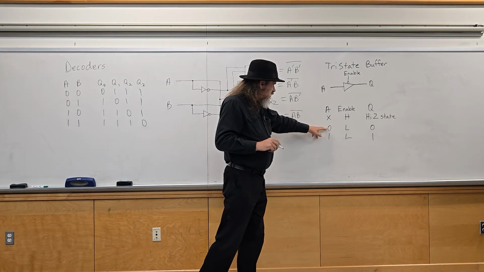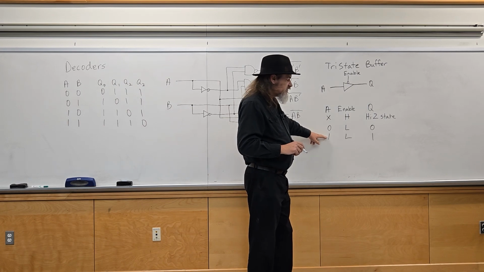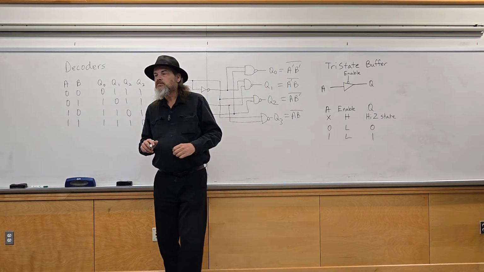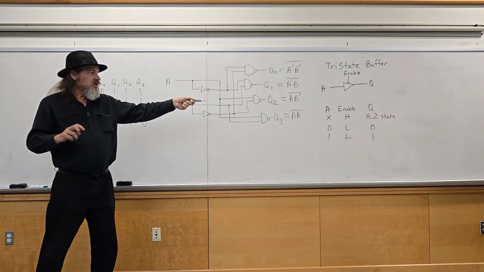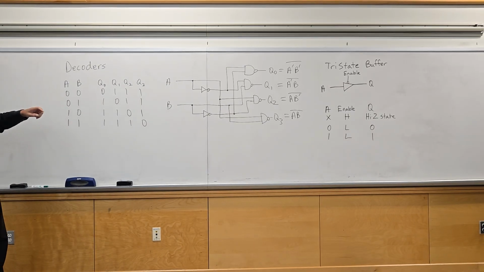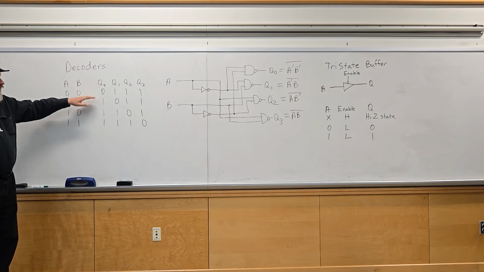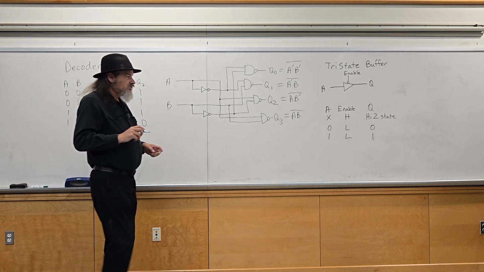Whereas 0 is connected to ground, 1 is connected to power. This is why these are called state tables rather than truth tables. A truth table is either true or false. A state table can have multiple states besides 0 and 1.